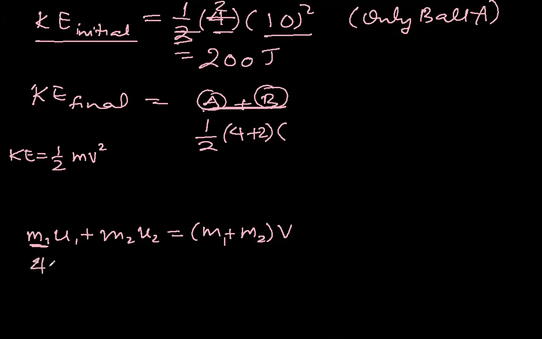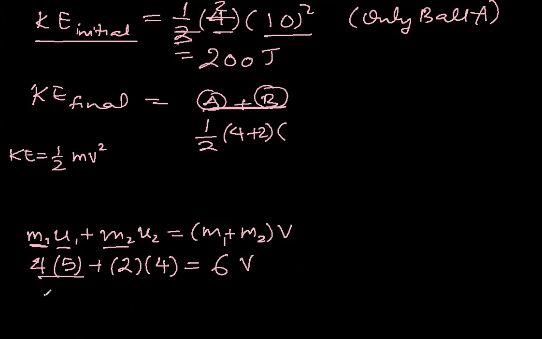So 4 was its mass, and u, initial velocity, was 5 before collision. And m2, the body B, it was 2 kg and it was moving with 4 meters per second. And total mass of the two is 6, and we want to find what was their speed together.